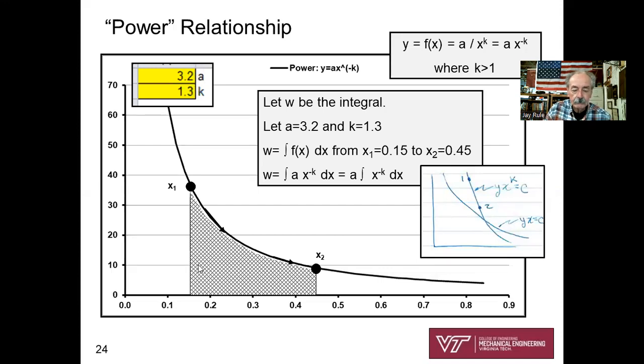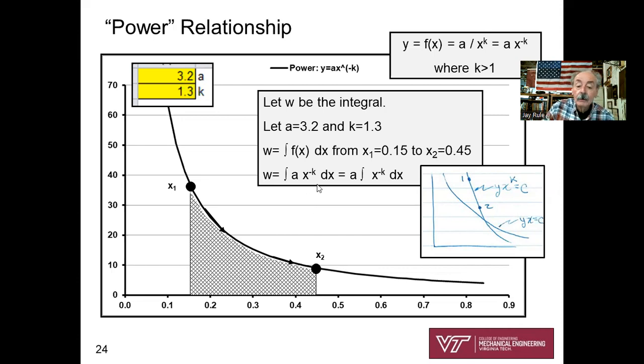It doesn't look like I said in my problem statement what I want to integrate from. Shame on me. I want to integrate from x1 equals 0.15 up to x2 equals 0.45. I didn't put that in the given, so sorry about that.